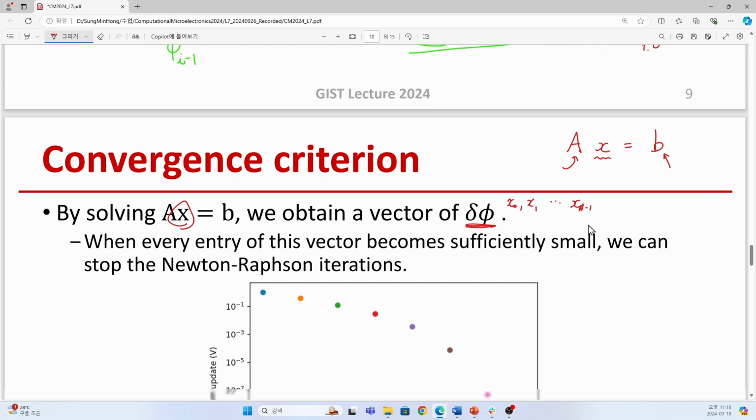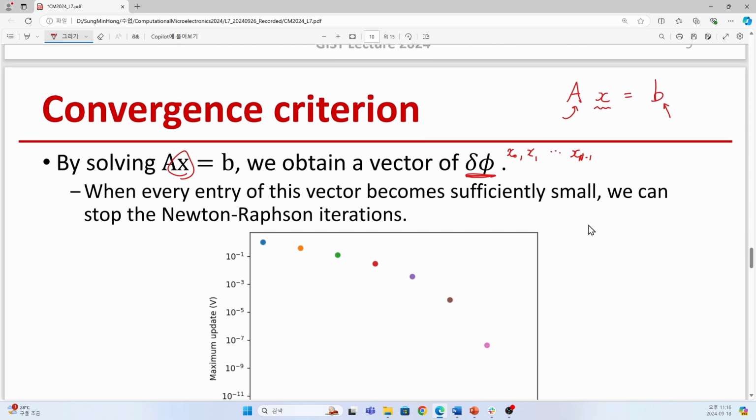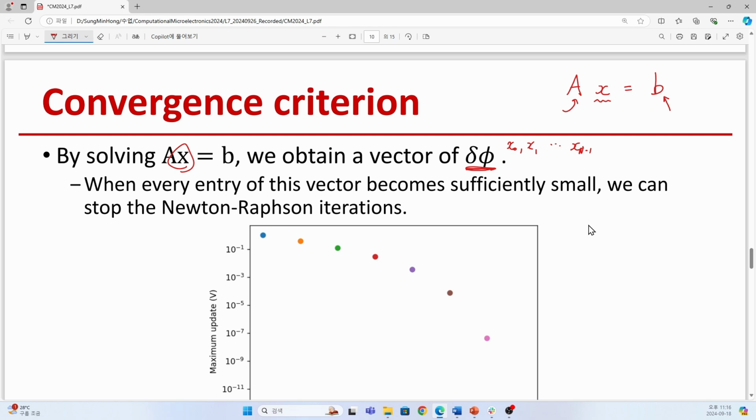So then, just like the Newton method, we can keep this iteration. However, when must we stop, or when can we stop? When every entry of this vector becomes sufficiently small. What is the meaning of sufficiently small?